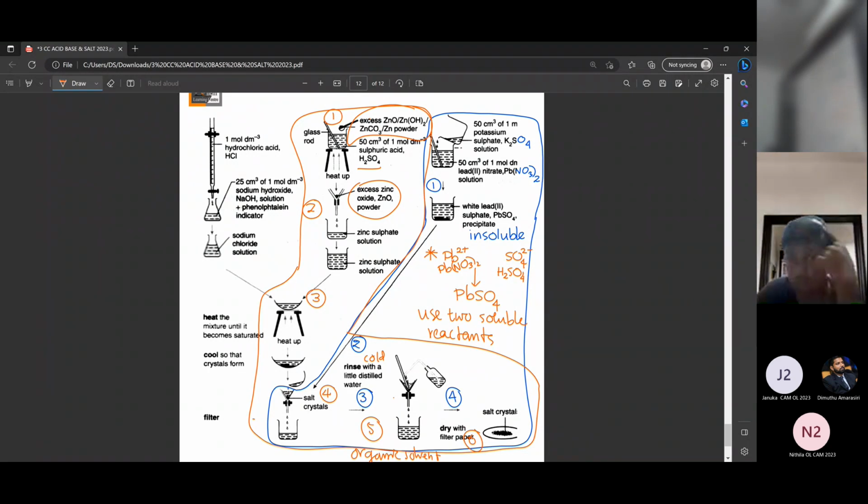Filter, remove excess solid, heat until saturation, you have marks here, right? Heat until saturation, and filter the solution to obtain crystals. Then wash the crystals with organic solvent and dry it.